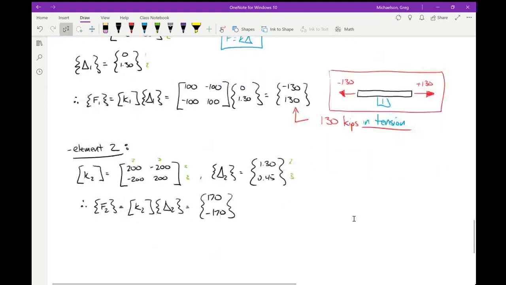Negative 170. So I'm seeing a pattern here. Whenever we solve for our force vectors, we get two numbers. We get equal numbers, but they're opposite signs, like a 130 and a negative 130, or a 170 and a negative 170. But now let's see what this means. So here's element 2.